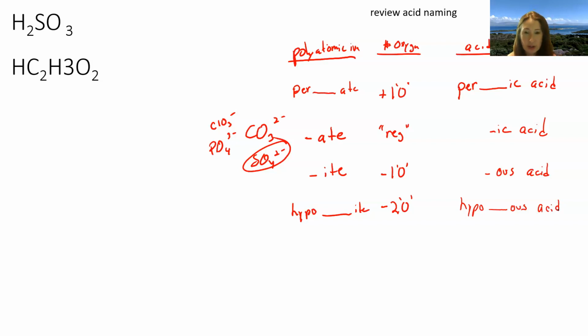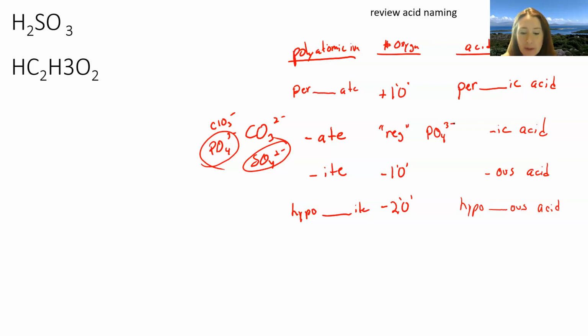Okay, so let's do it with our sulfate again. Actually, no, let's use, I can't erase that. Let's use phosphate this time. So if we do this with phosphate, the regular phosphate is PO4 3-. As an acid, phosphate is going to become phosphoric. Now, how do you know how many H's?